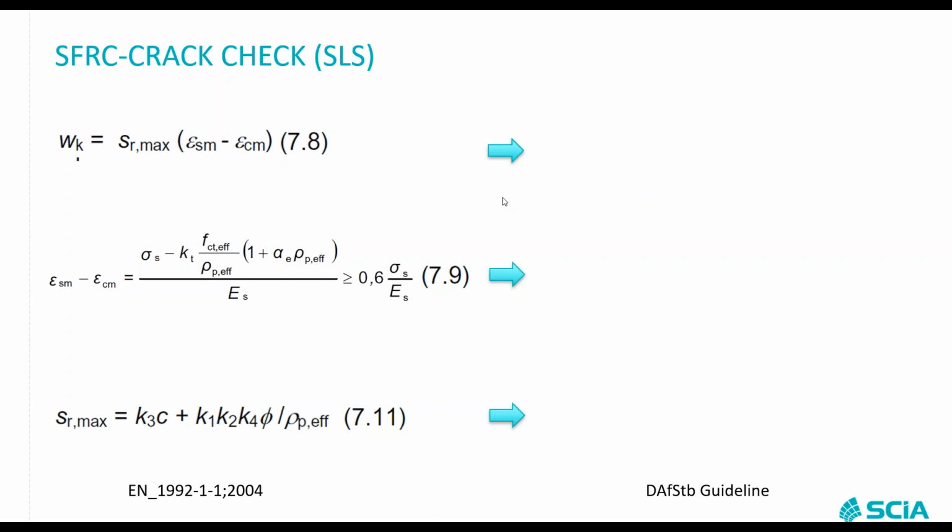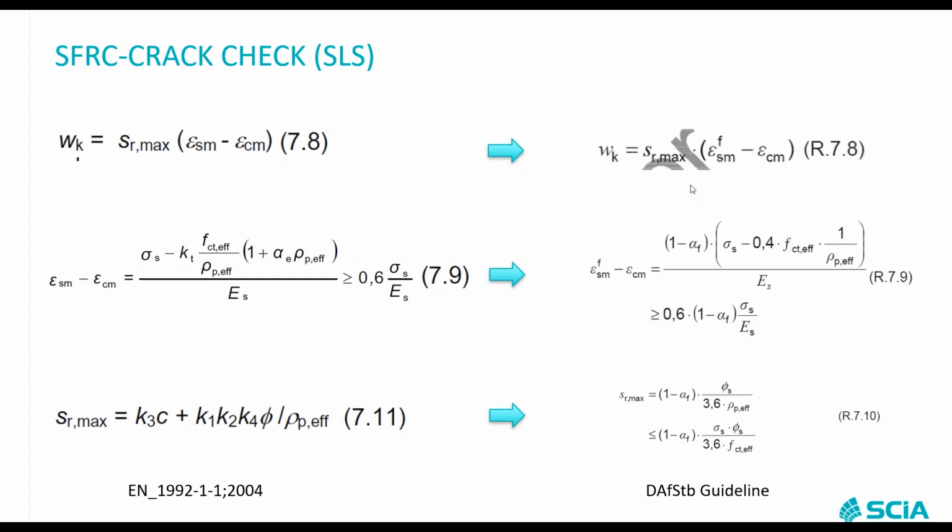Now the question is whether this is also valid for the steel fiber concrete. In fact, yes and no. It's almost the same formula, but we should take into account the participation of the steel fiber in that formula. As you can see, it's exactly the same, only this is the difference.